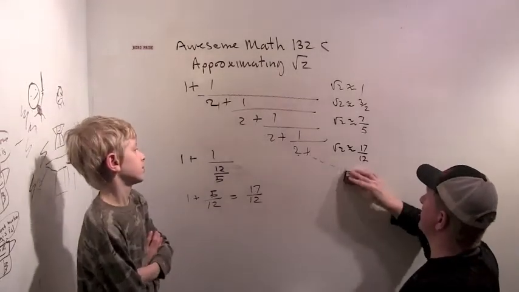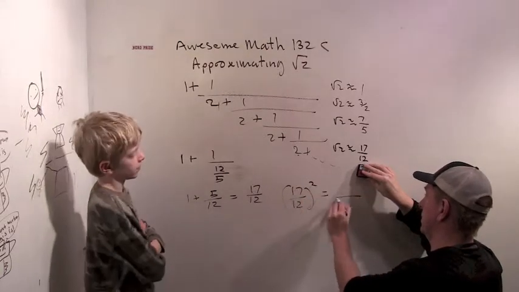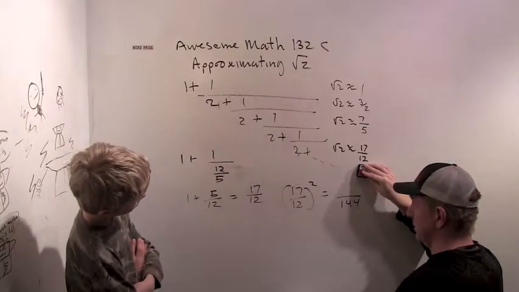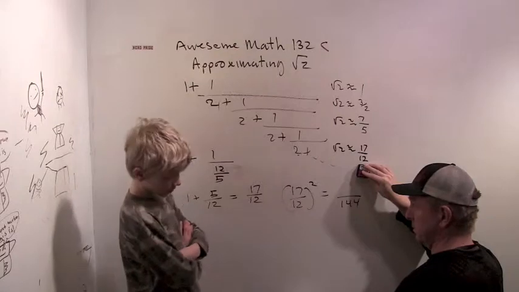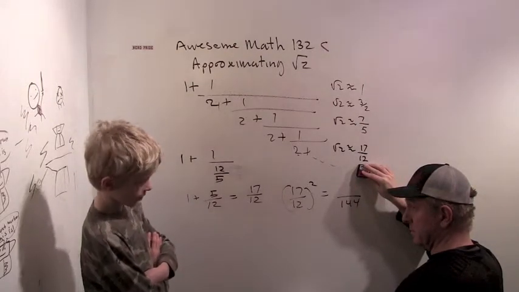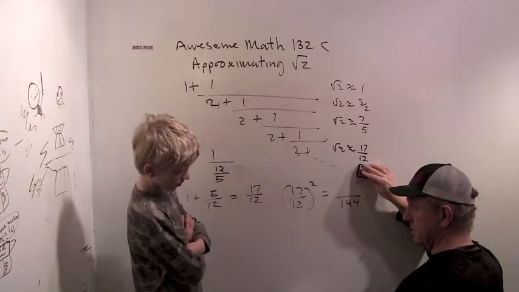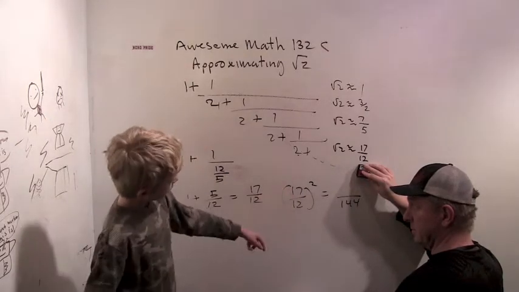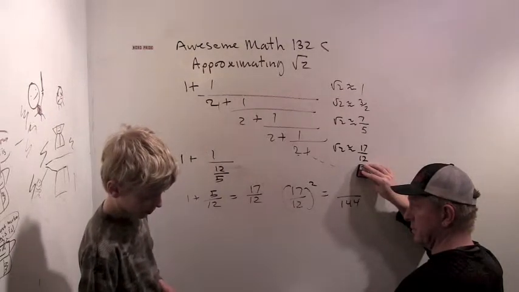Okay, what about 17 twelfths? Do you know what 12 squared is? 12 squared is 144. Do you know what 17 squared is? I know 16 squared is 256, so it's 256 plus 33, which is 289.